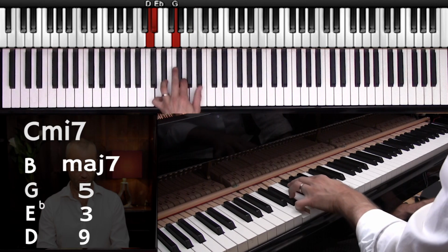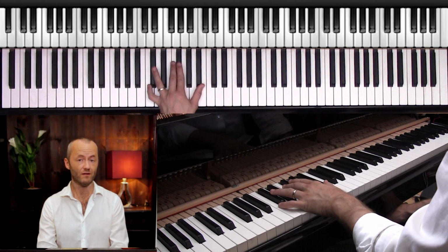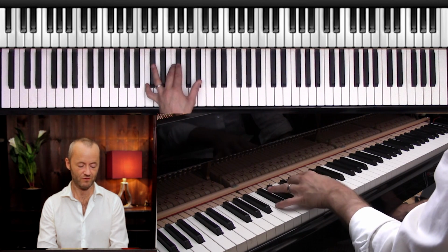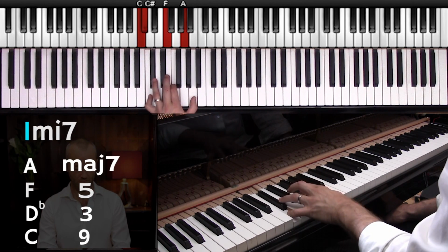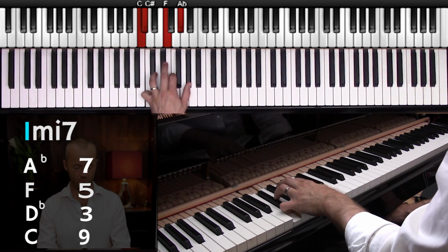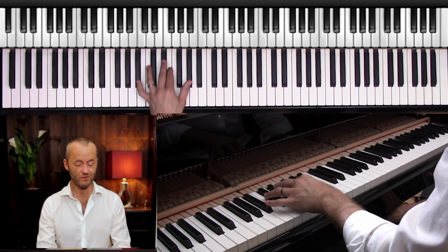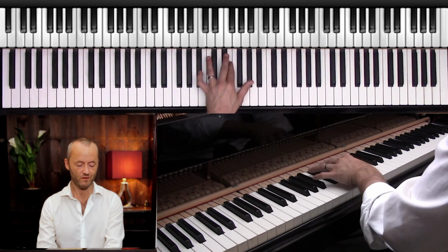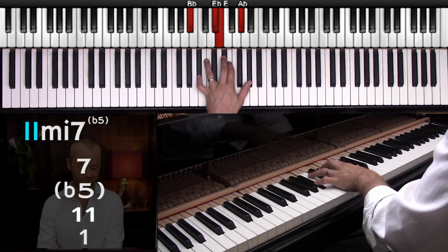And then you can continue that all around the whole circle of fifths. So it's going to be like this. And now we're getting a little bit dark, so I like to put it up here. Or you could play it on here, but I like it better here.